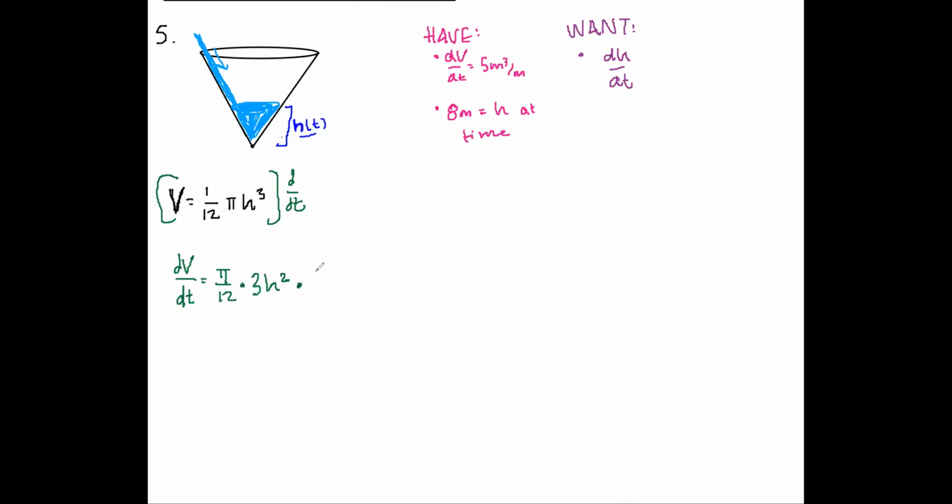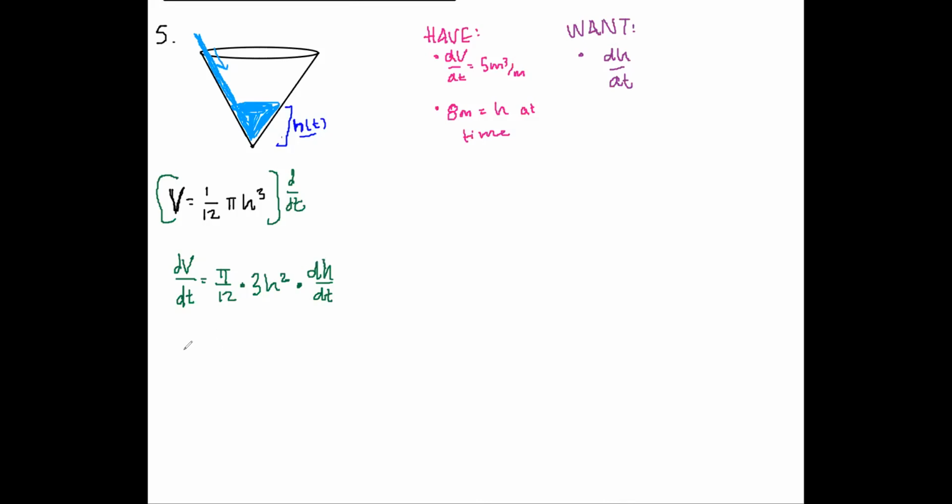And then what are we missing? dh/dt. Yes. We're doing that again because we have dV/dh times dh/dt, because we're using the chain rule, and also because we want dh/dt. We can't forget it, because this is what we're going for here.